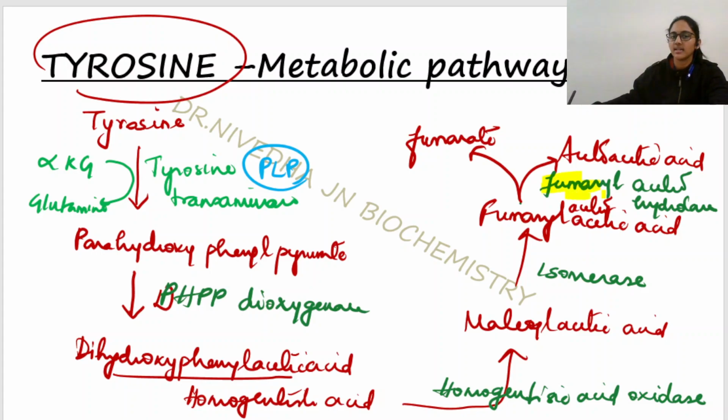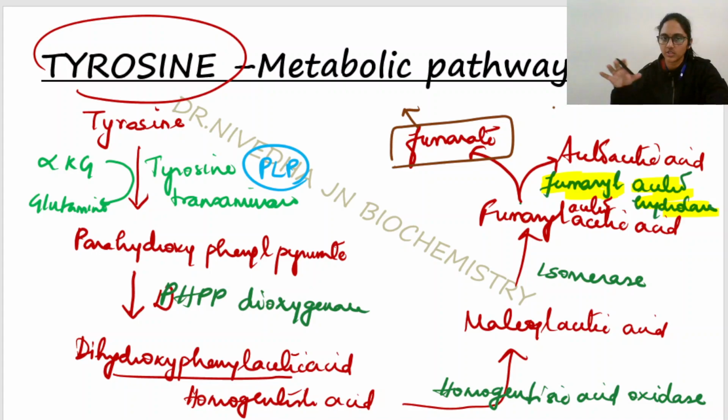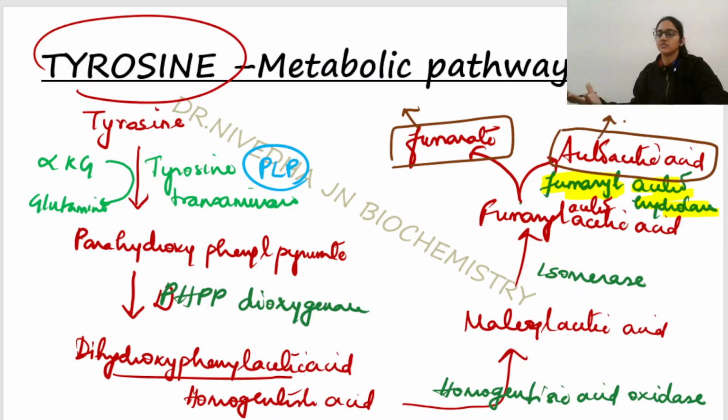So now do you understand why we call phenylalanine and tyrosine both glucogenic and ketogenic? Because it gives two products: fumarate, which can enter the gluconeogenic pathway and is an intermediate of the TCA cycle, and acetoacetic acid, which is a ketone body, so ketogenic.